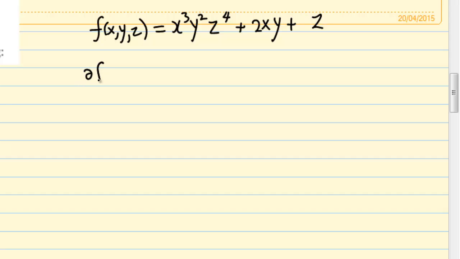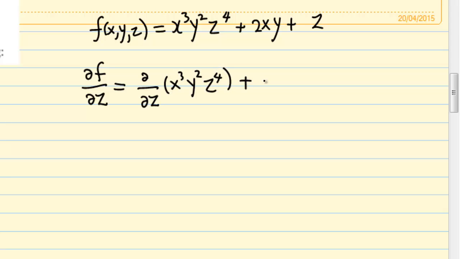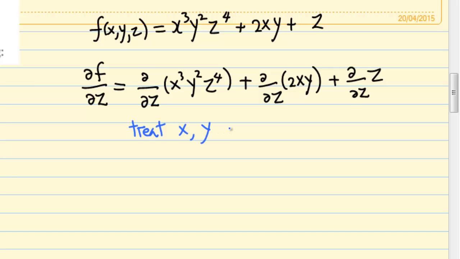So partial differentiation of f with respect to z is: differentiate the first term with respect to z, differentiate the second term with respect to z, and differentiate the third term with respect to z. Now, when you do partial differentiation with respect to z, you treat x, y as constant.